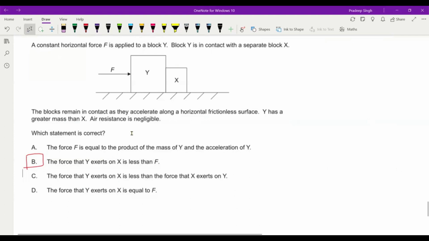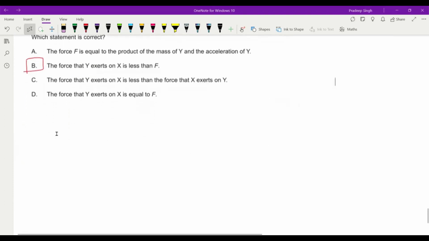Okay. Ahan, what about you? Well, I was going with B, and my logic was, you consider them one big block. So its mass is y plus x for F. And then for the force that y exerts on x, wouldn't it just be the mass of x as the force? Wait, let's revise the whole concept.